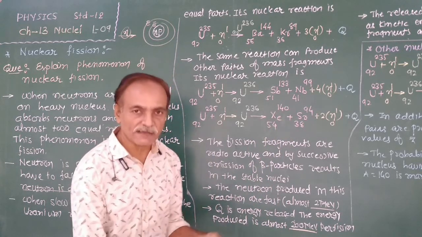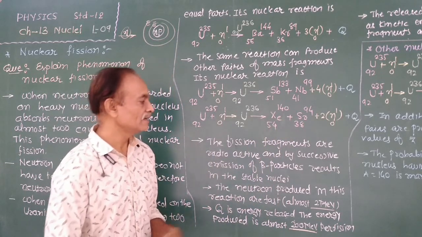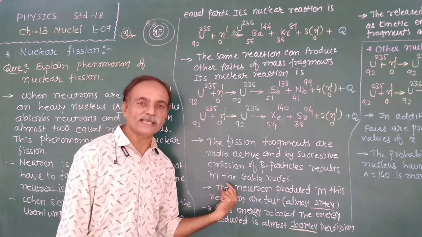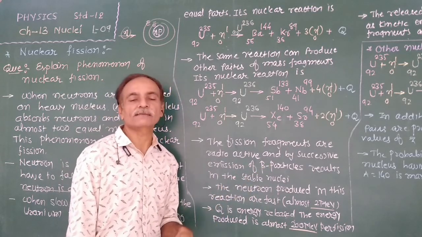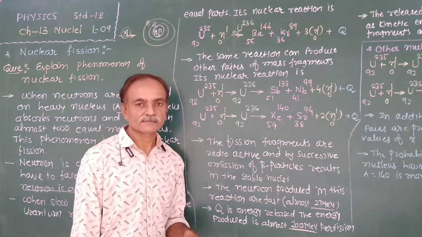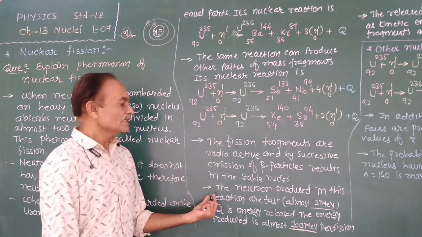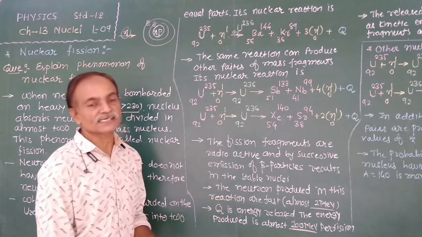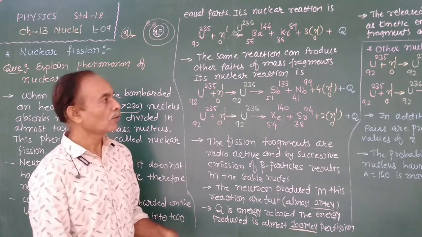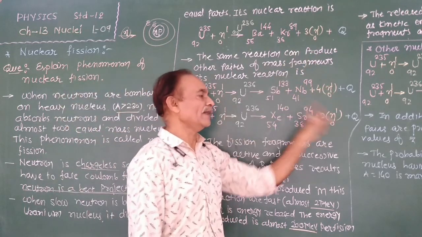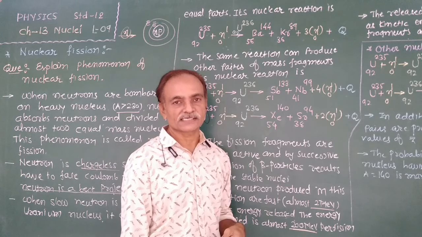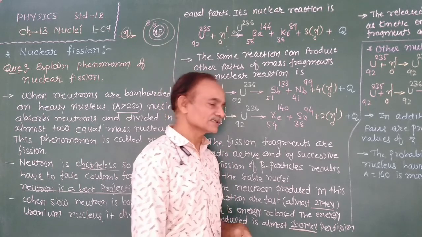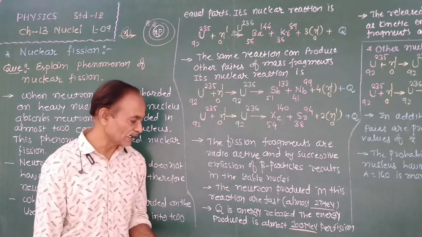By successive emission of beta particles, they try to achieve stability. The neutrons produced in this reaction are fast, having almost 2 MeV energy in the form of kinetic energy.